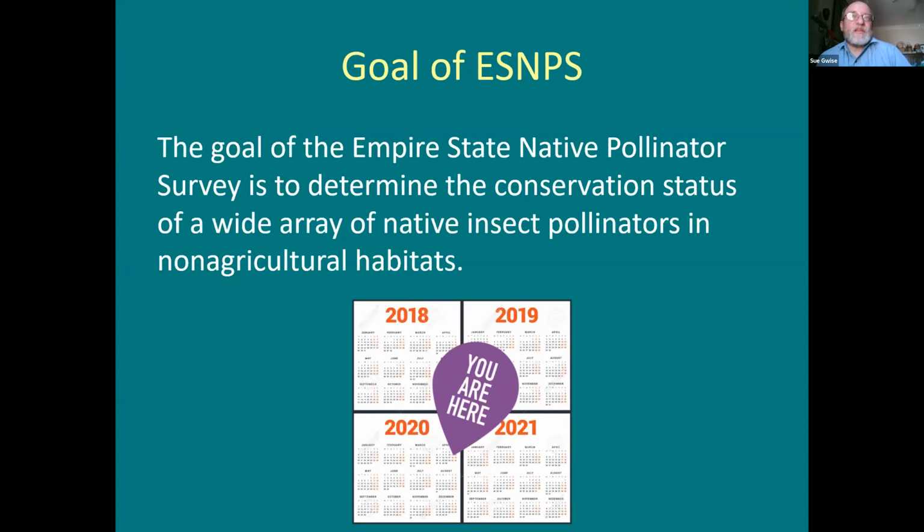Non-agricultural was important because we wanted to focus primarily on natural native ecosystems. And conservation status, I know I'm jumping around there, but what we mean by that is it's a very specific thing for natural heritage programs. We calculate what we call S ranks, and that's for status rank. Actually, S stands for subnational because there are G ranks for the global populations of species, and NatureServe maintains those.